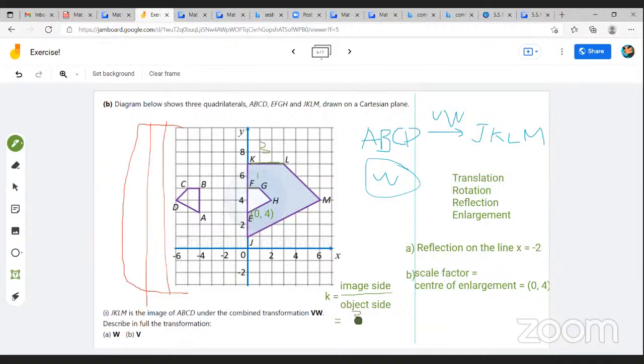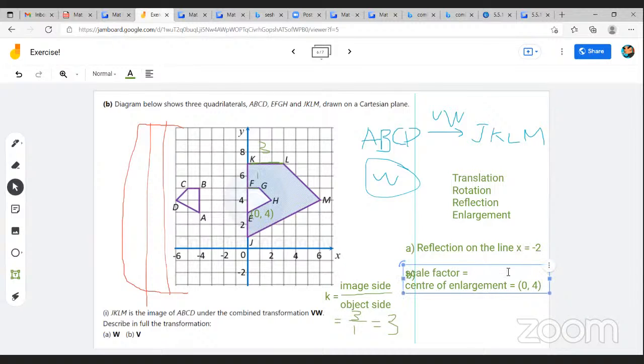So image side is 3, since the image is JKLM, and the object side will be FG, which is 1. So our scale factor is 3 divided by 1, which is 3. You just take the image side divided by the object side. So scale factor is 3.